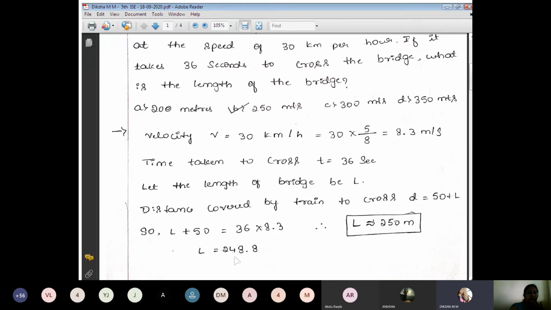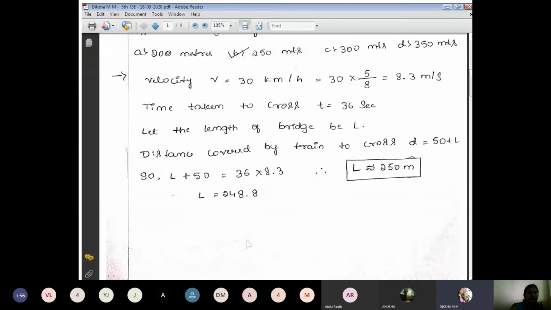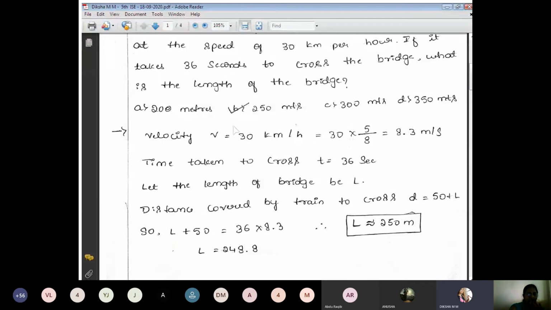But in the options they gave 200 meters, 250 meters, 300 meters, and 350. We got 248.8, which is nearest to 250 meters. So the answer is 250 meters.